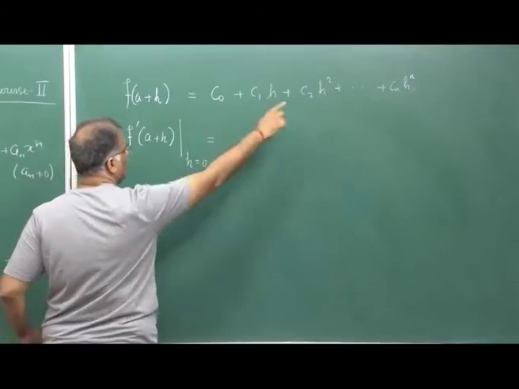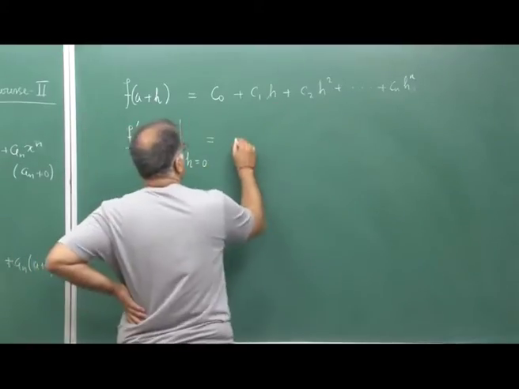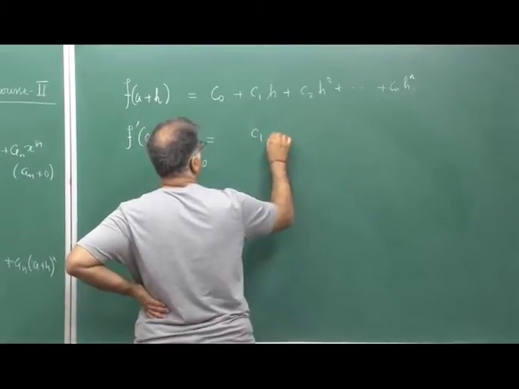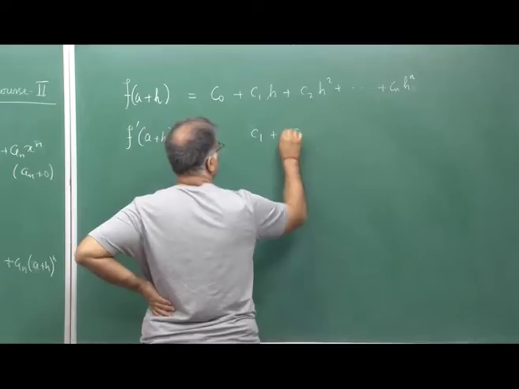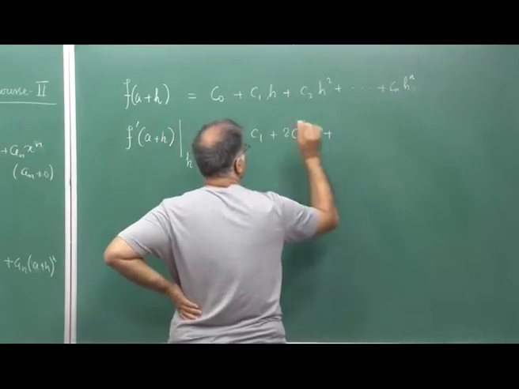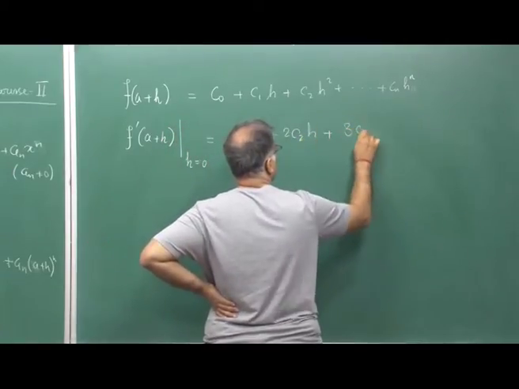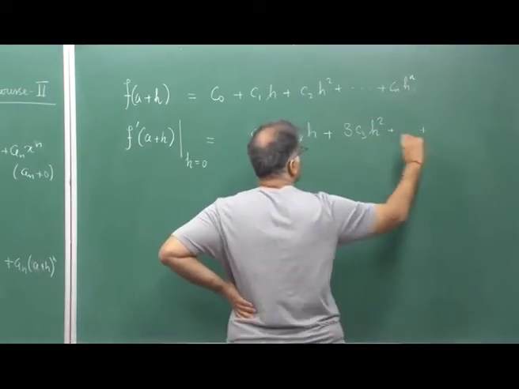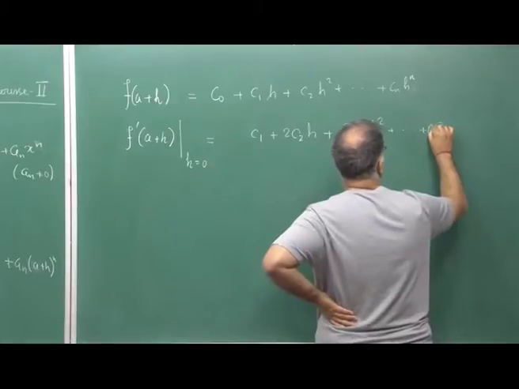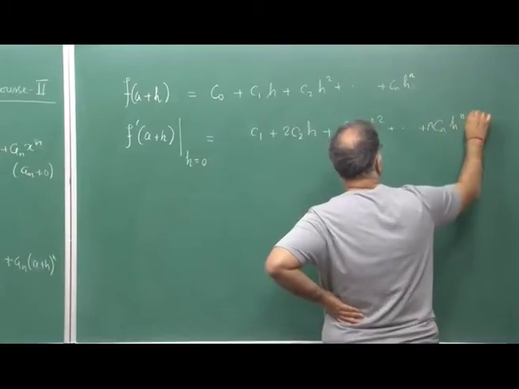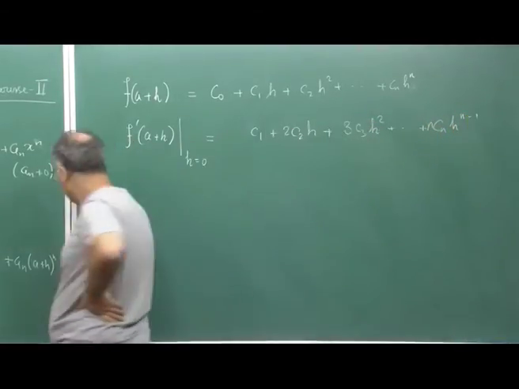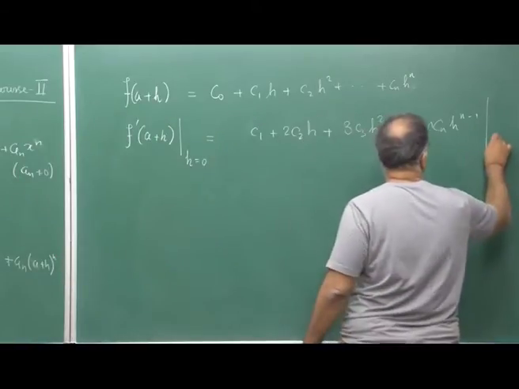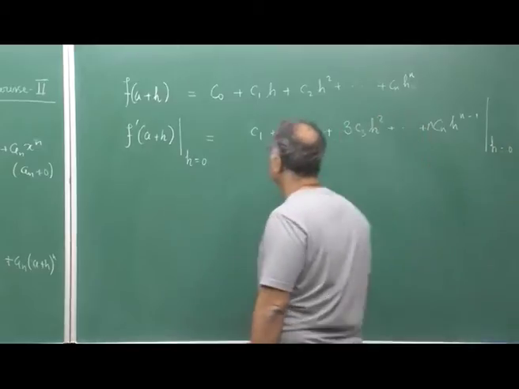If you calculate the derivative of this, it will become C1 plus 2C2h plus 3C3h square plus so on up to n Cn h to the n minus 1. Now, I am computing it at h equal to 0.